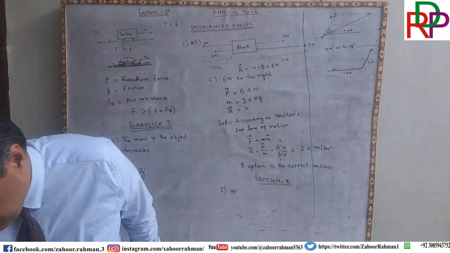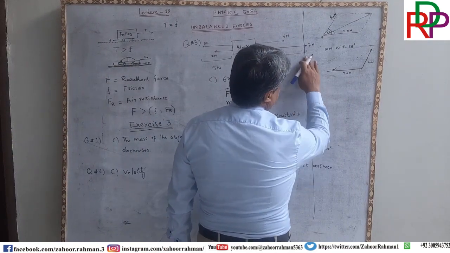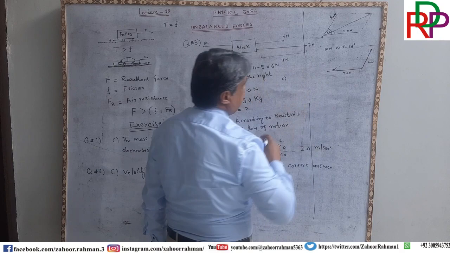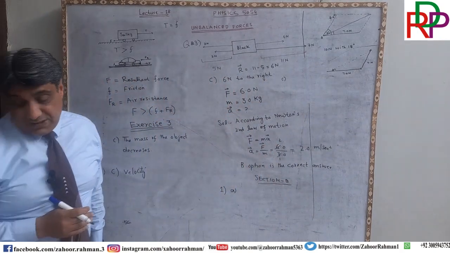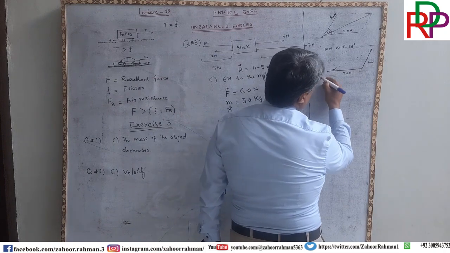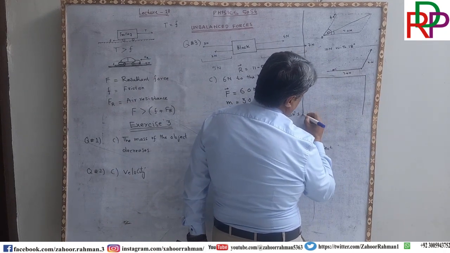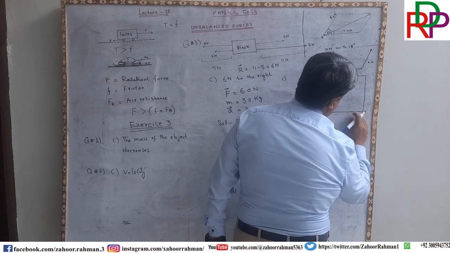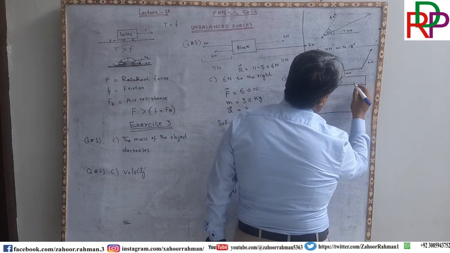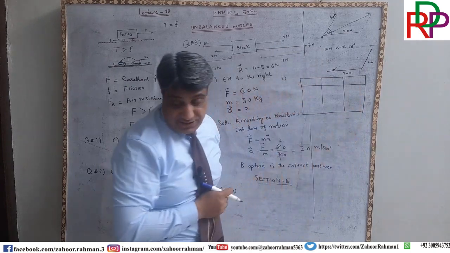Ladies and gentlemen, now part C. They have given us a table in which there are three quantities, but all three quantities are not given at the same time. Two of them are given and you have to find the third one.